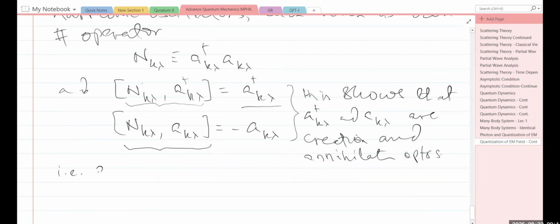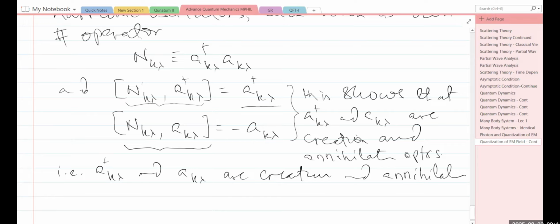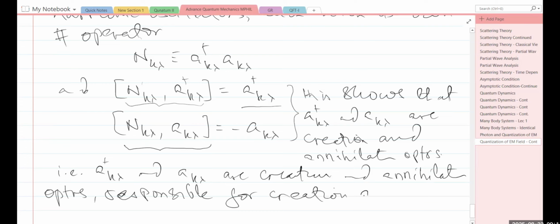That is, a_k lambda dagger and a_k lambda are creation and annihilation operators responsible for creation and annihilation of quanta of radiation.